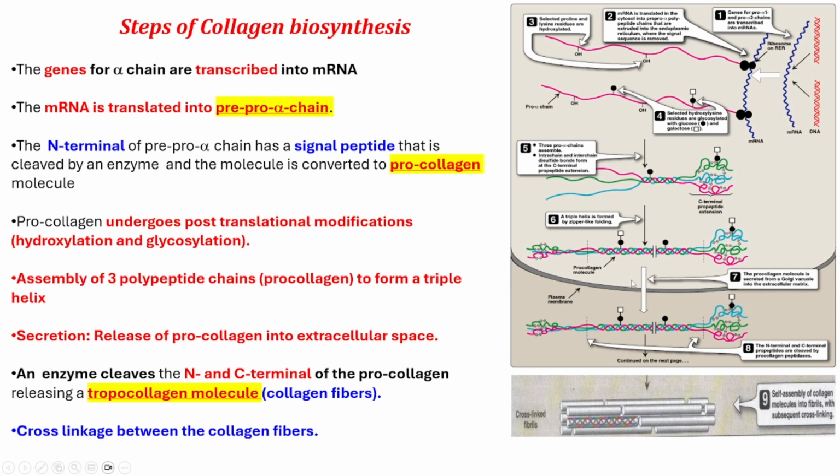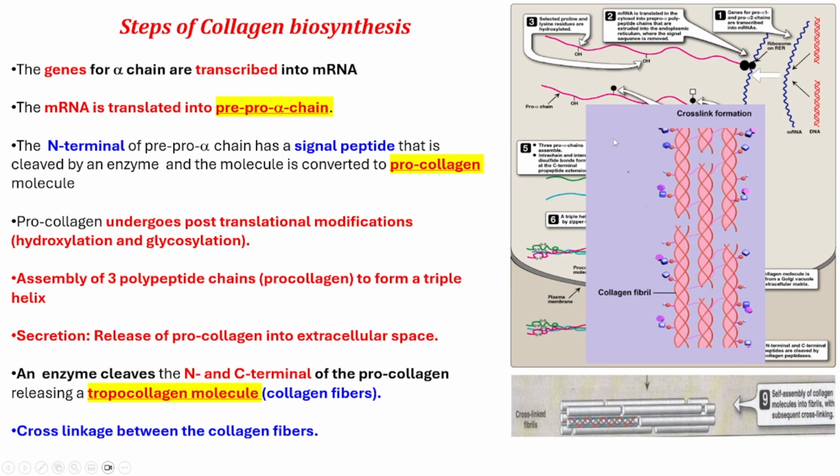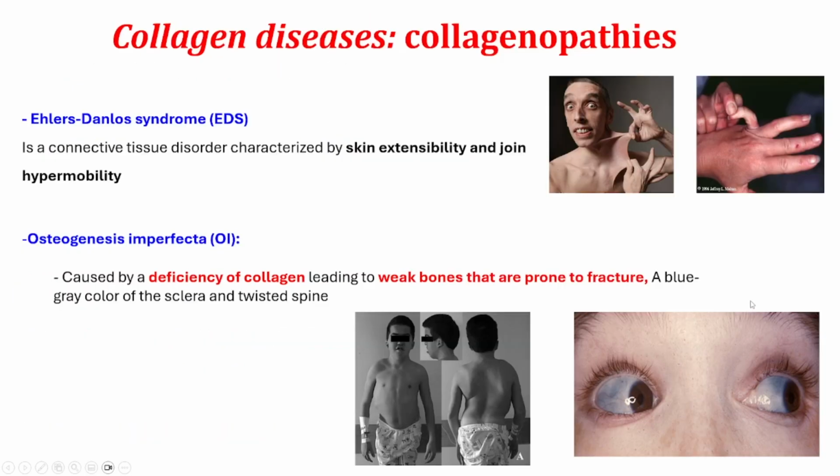In the extracellular matrix, this pro-collagen, all right? We're going to have a cleavage of the C-terminal. I'm going to have a cleavage of the N-terminal here. And then I'm going to form what we call the tropocollagen, which is my collagen fiber, all right? This is one. This is the second one, which is released. This is the third one, which is released.